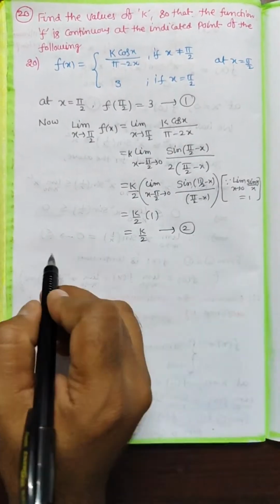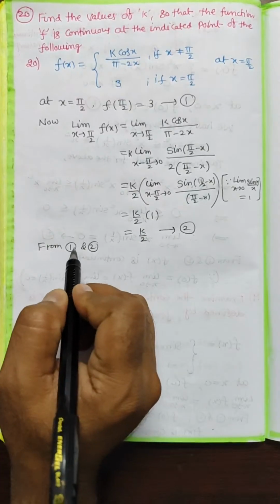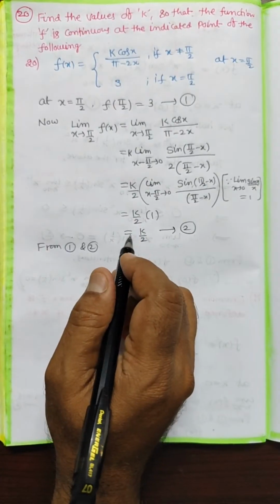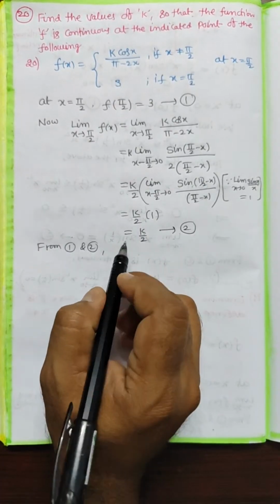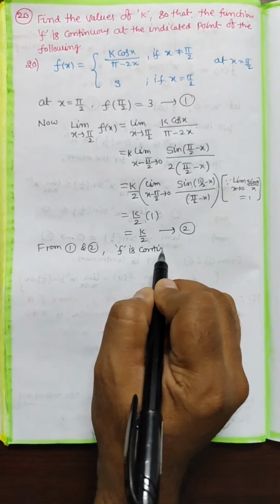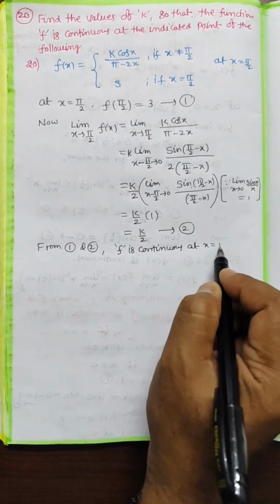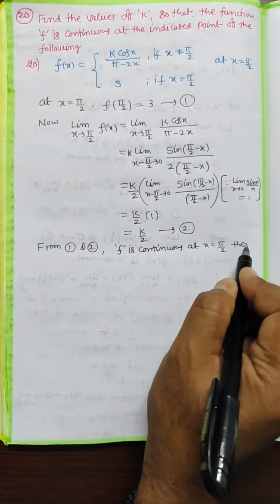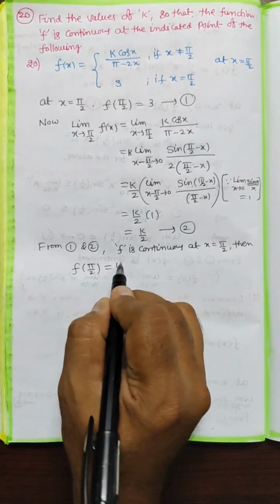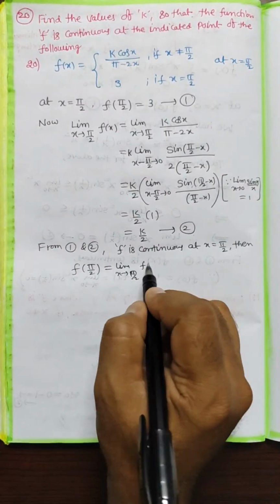Equation number 2. From 1 and 2, if f is continuous at x is equal to pi by 2, then f of pi by 2 is equal to limit x tends to pi by 2 of f of x.